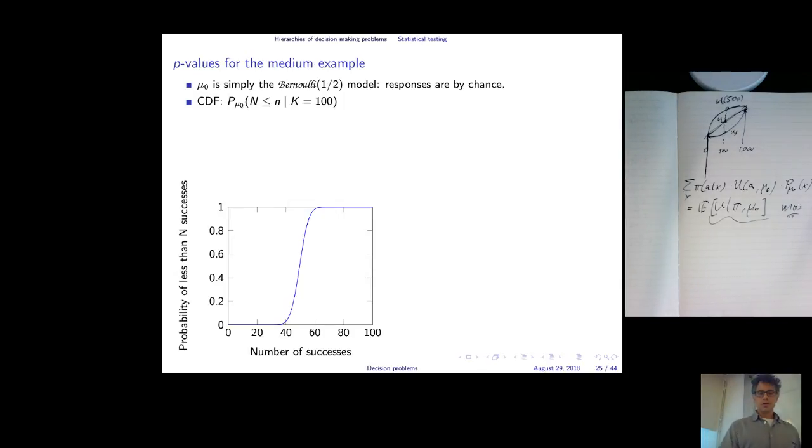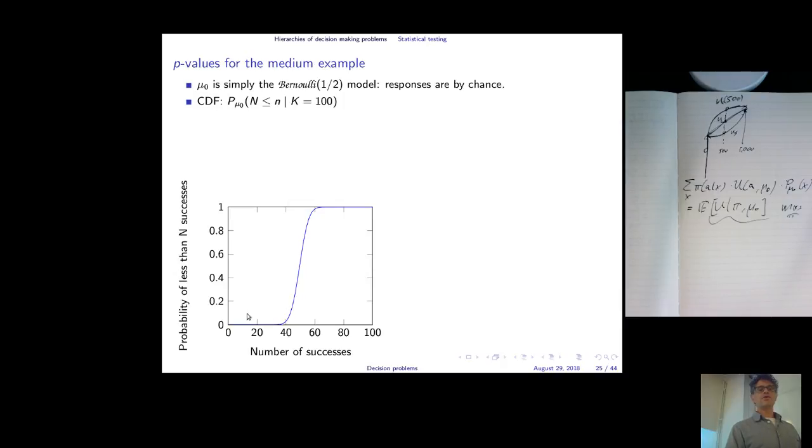By looking at the CDF, you can pick any value here, let's say 0.2, and then the probability that you have fewer than this many successes after 100 trials is 0.2. So if you make a test that rejects the null hypothesis when this is true, then this test will have an error rate of 0.2. So it will be significant.